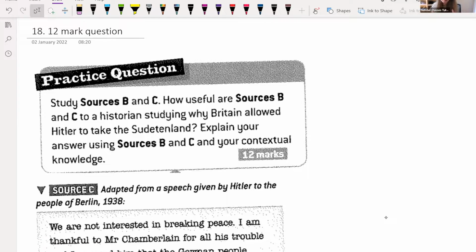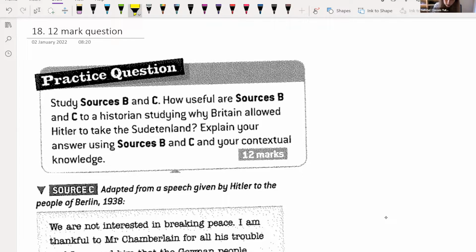This question is a big question, and I know it's only 12 marks, which gives you around 15 minutes to answer it, but it's a big question in terms that you could probably write about this all day. I know I could. With this question, there will always be a written source and a picture source, and what's important, and I say this every time we talk about an exam question, is to answer the question that is being asked.